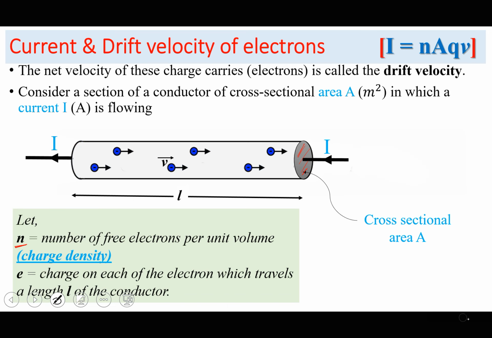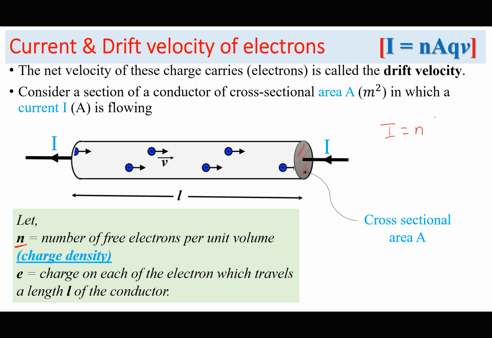So we are going to derive the expression for the current flowing through a conductor: I equals n, the number of free electrons per unit volume, which we shall always call the charge density, times A, the cross-sectional area of the conductor, times Q, the charge of each charge carrier, times v. But because we normally consider an electron, Q is equal to e, the charge of the electron.